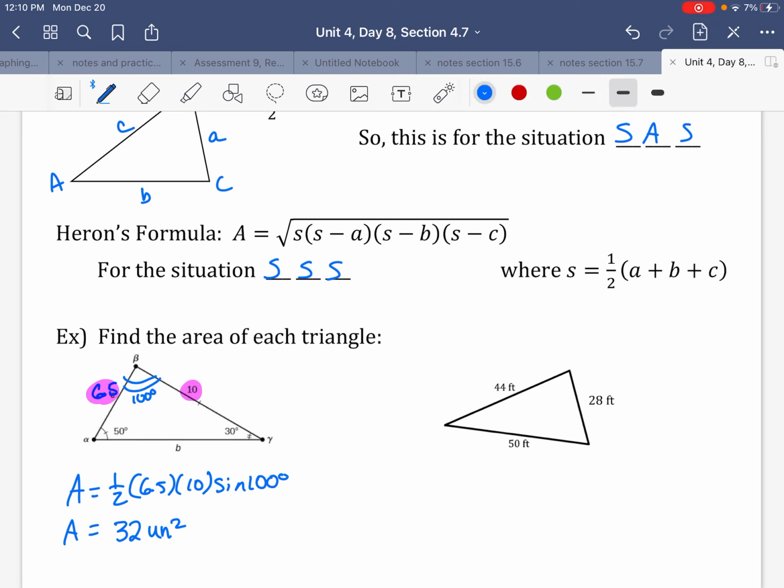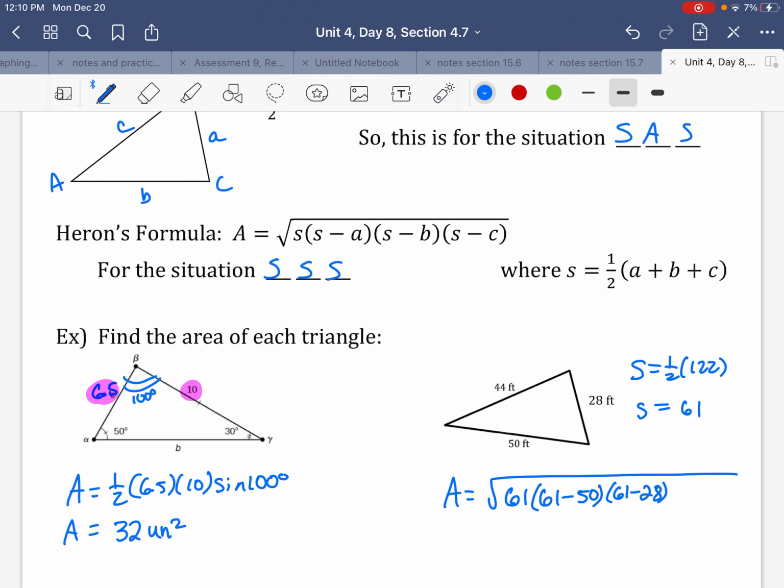All right, so over here, let's do that here. So I got to add 44, 28, and 50. So that adds up to 122. So my S here would be 1/2 of 122. So that would be 61. So my area is going to be the square root of 61 times 61 minus 50 times 61 minus 28 times 61 minus 44.